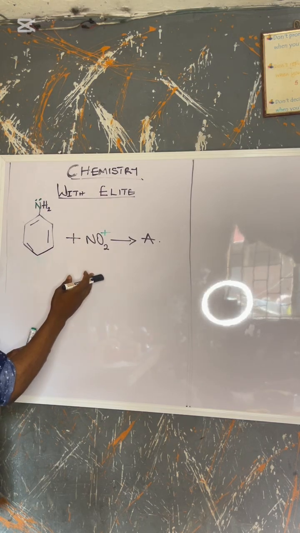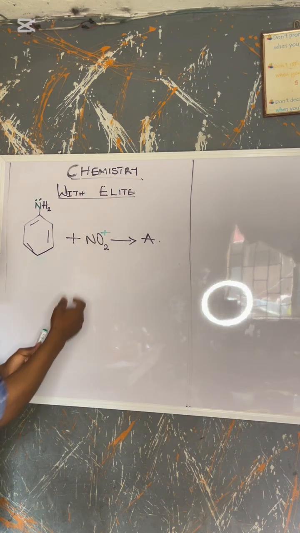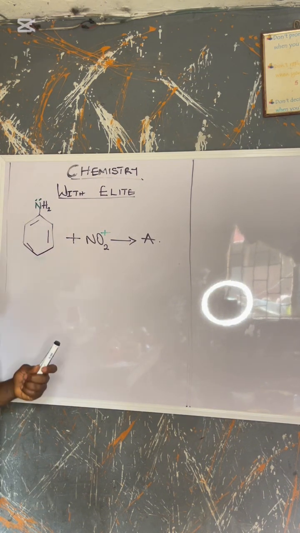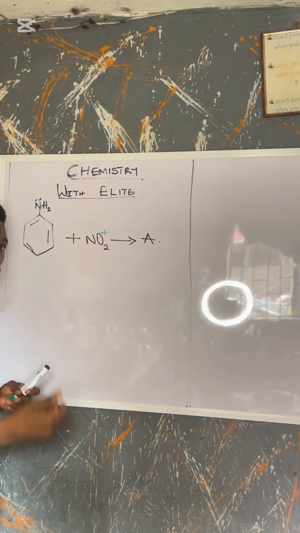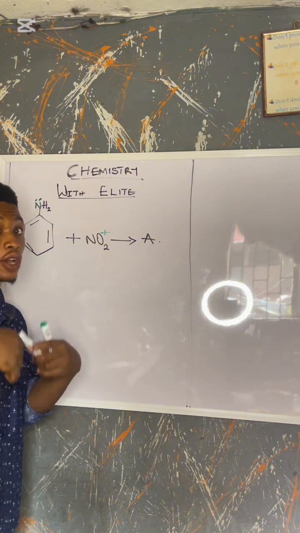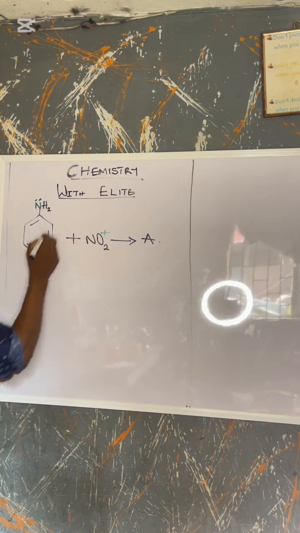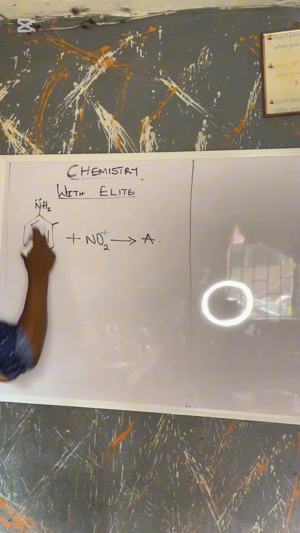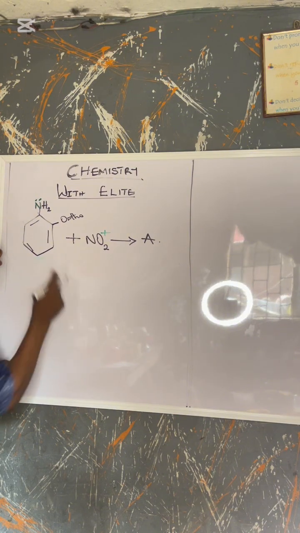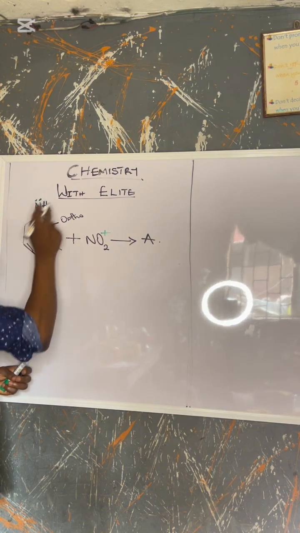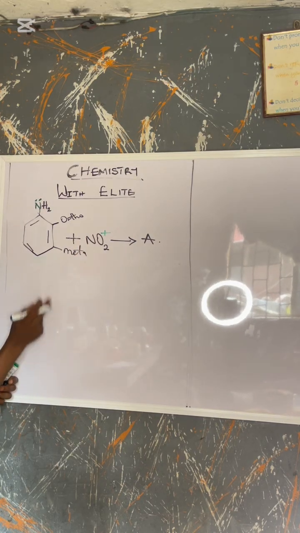Now, if we want to disubstitute benzene, we actually have three positions that the incoming new electrophile can occupy. An electrophile is a group that is positively charged, or a group that is electron deficient, does not have enough electrons. So that's why it is positively charged. Now, this can attach itself at 1,2 disubstituted, which is what we know as the ortho position, or 1,3 disubstituted, which is what we know as the meta position, and it can actually be 1,4.